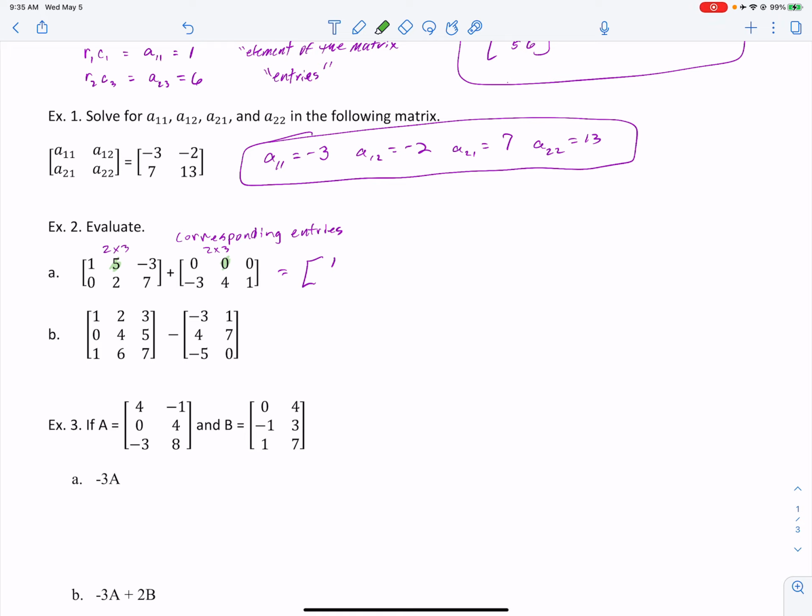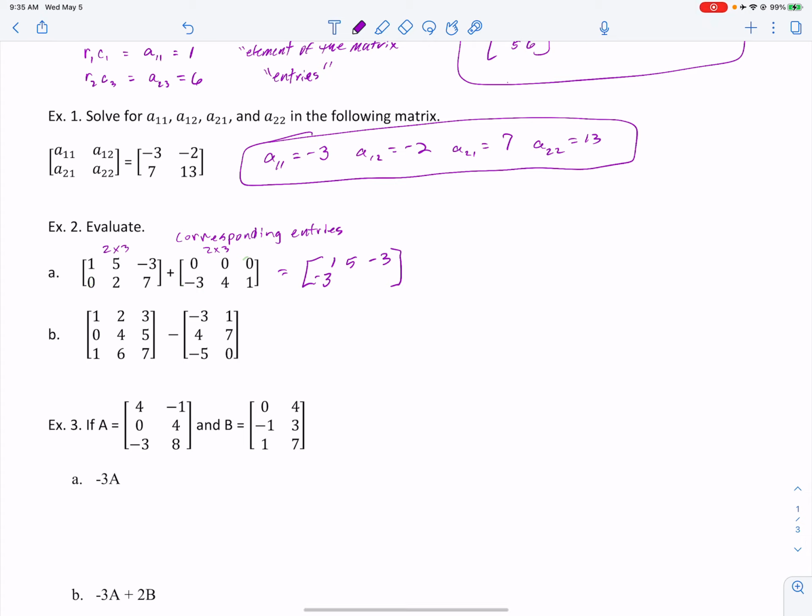Then you move to the next set of corresponding entries, and you add -3 and 0, which is your -3. And we're done with the first row. And so then you do the same kind of process. In the bottom, you are going to add the 0 and the -3.